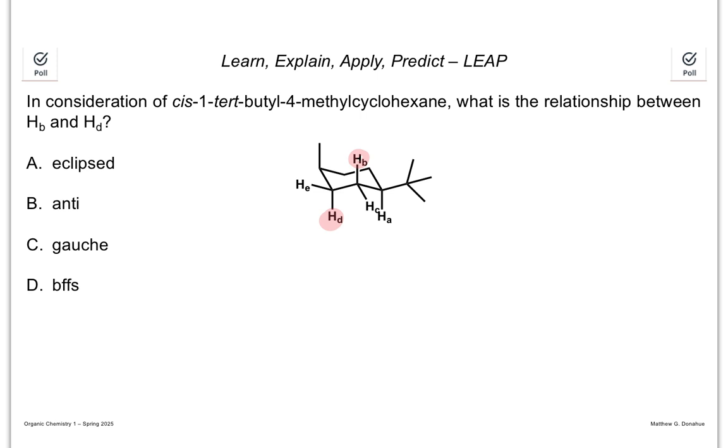So if you imagine you're looking down that carbon-carbon sigma bond in terms of a Newman projection. What's the angular relationship between HB and HD, or stated in another word as one of the responses? Anti?